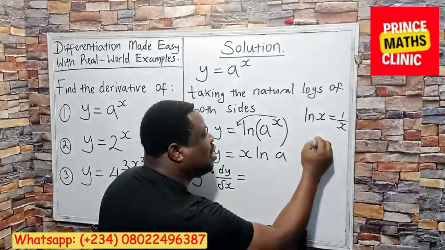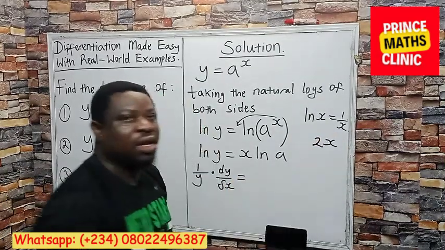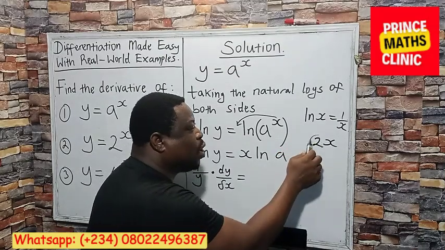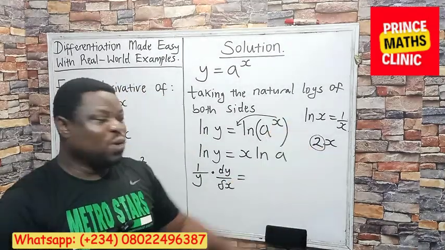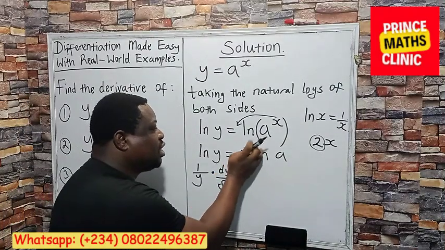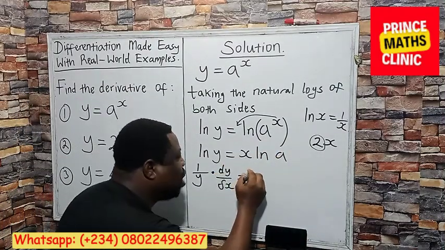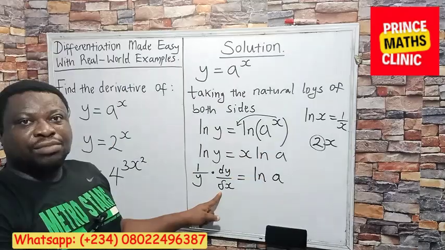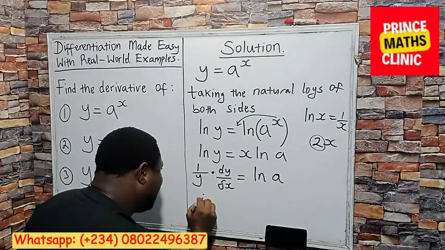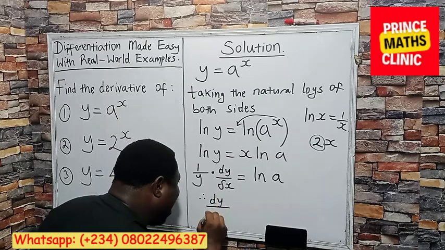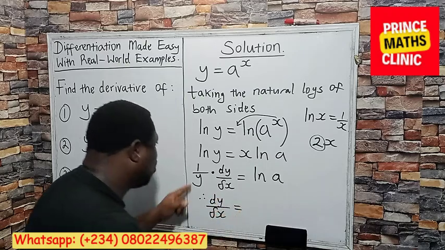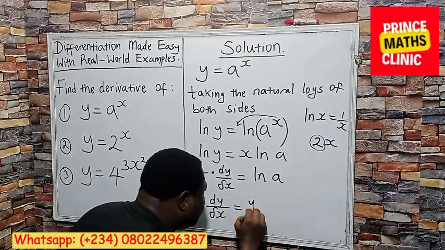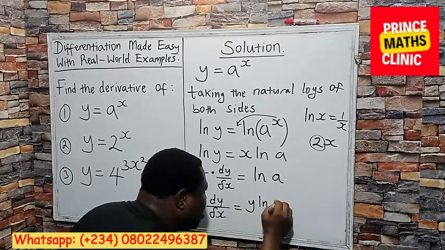You know, if you differentiate 2x, you are going to obtain 2. The x will go. So if we differentiate this, since this is the constant, this will go, so we have ln a. Good. So to obtain our dy dx, dy dx will now be y times this, so it will now become y ln a.